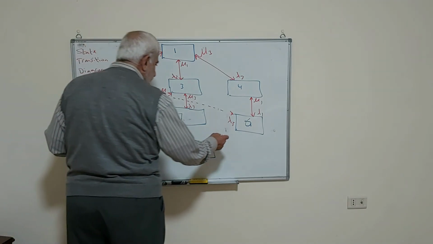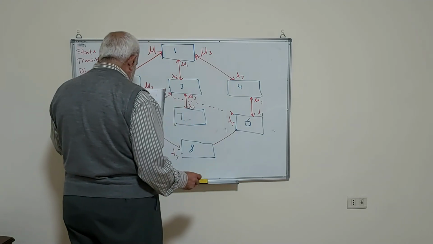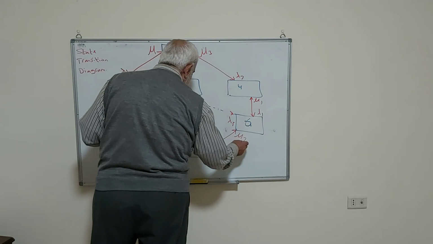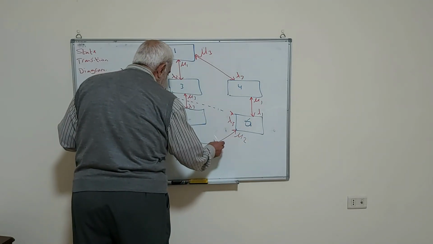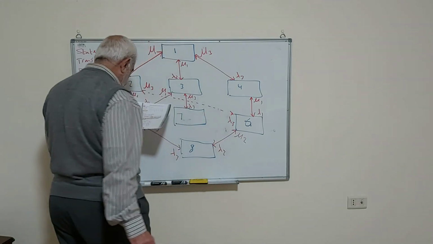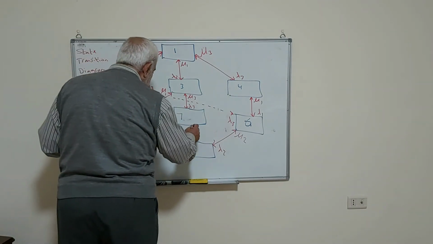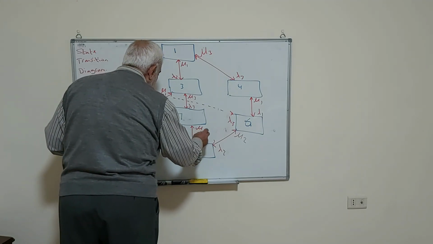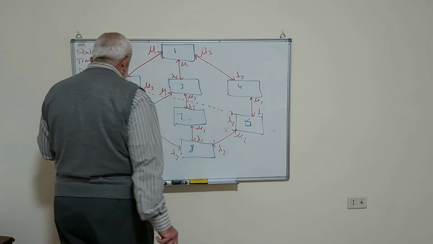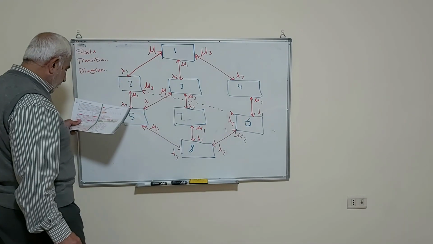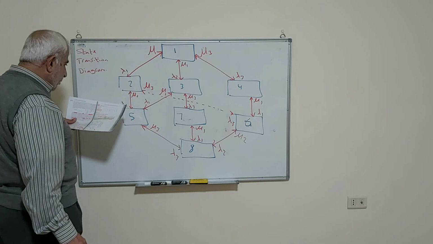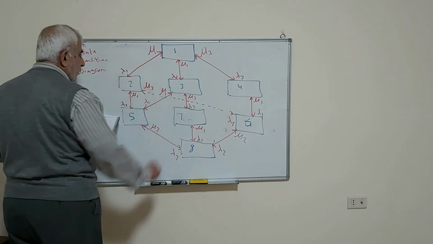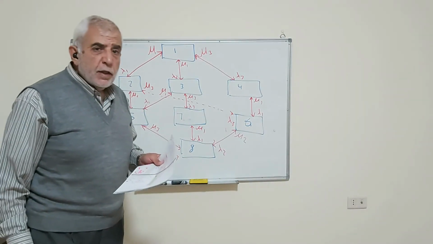And here I can go from 8 to 6 by mu 2 and here by lambda 2, and from 8 to 7 I can go by a repair rate mu 1 and this is lambda 1. So I can go also from 5 to 3. So these are the transition rates.